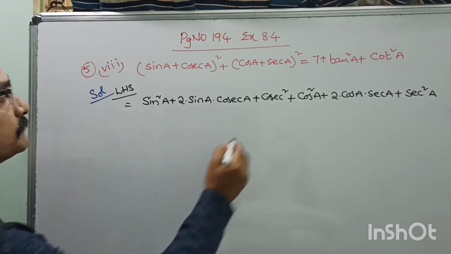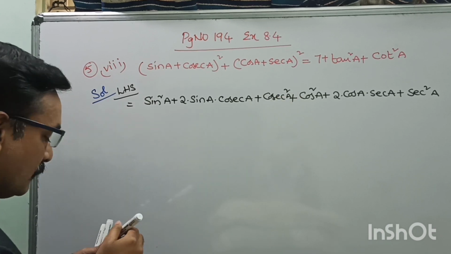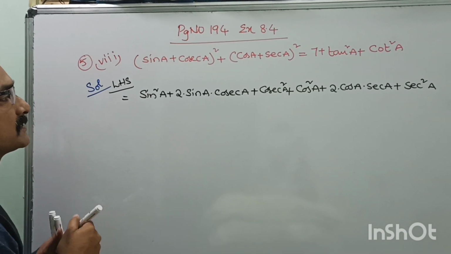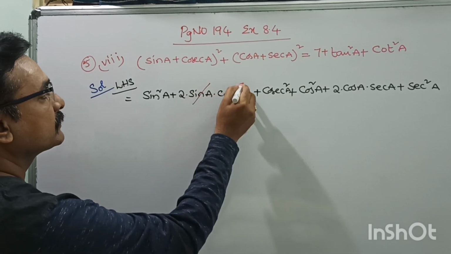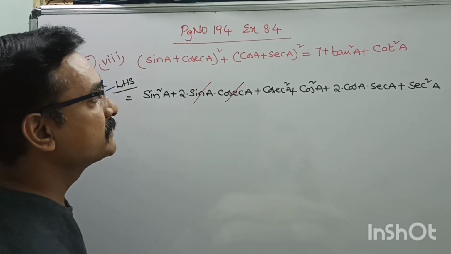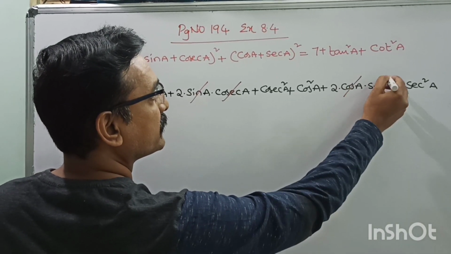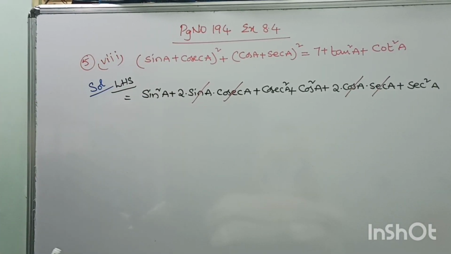If you see here, we have pairs. Sin is the reciprocal of cosecant, so sin a and cosecant a get cancelled. Similarly, cos is the reciprocal of secant, so cos a and secant a get cancelled.